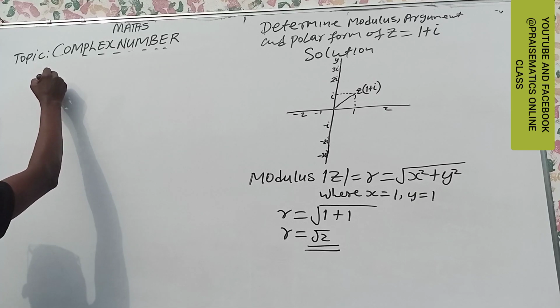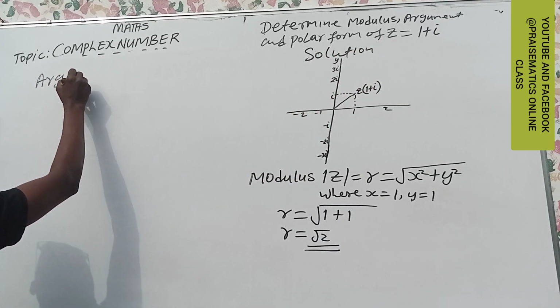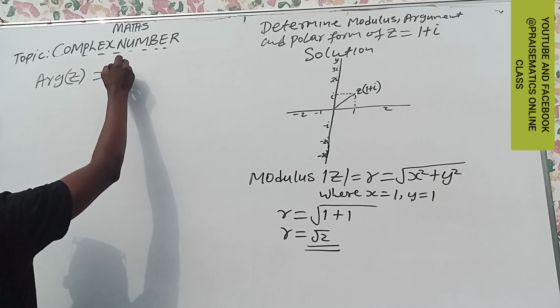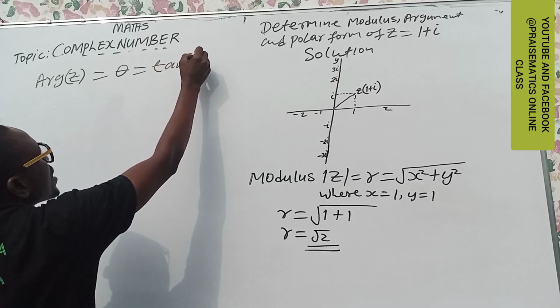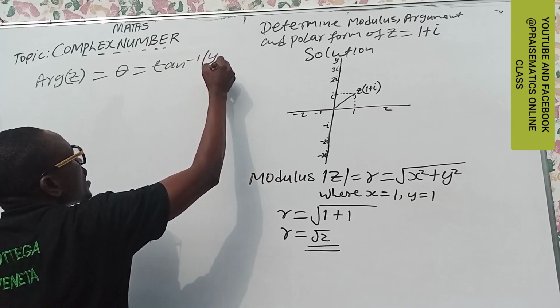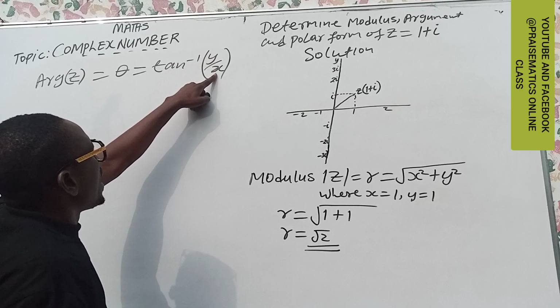Okay, now let's look at the argument. The arg z, that is the second one, the argument, you can call it theta, is equal to tan inverse of y over x. Our y is 1 and x is 1.